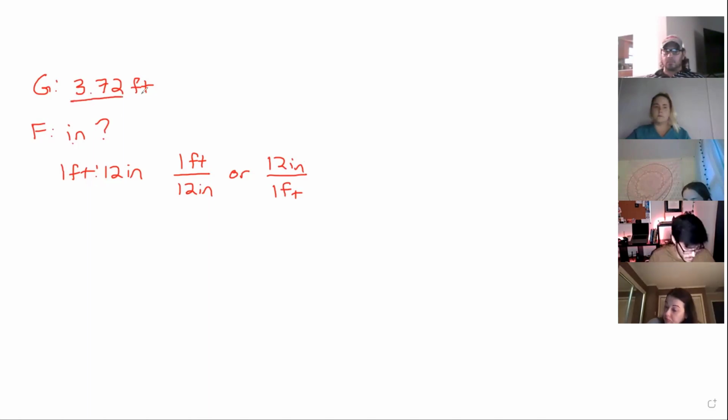So we are starting with feet. That's my given information: I have 3.72 feet. I want to multiply this by a conversion factor. And remember from this slide, we want the given unit to be on the bottom of the fraction bar so those two things cancel out.